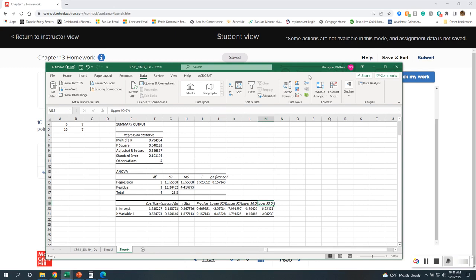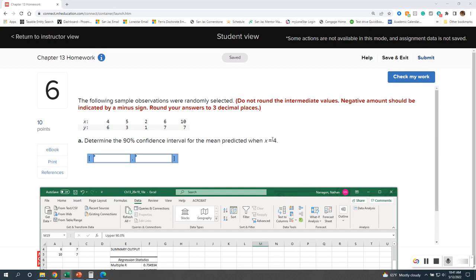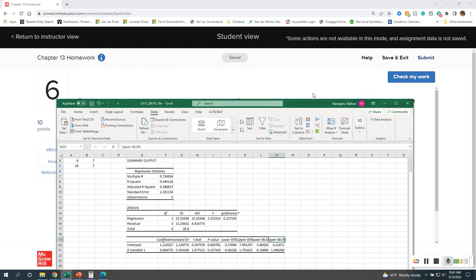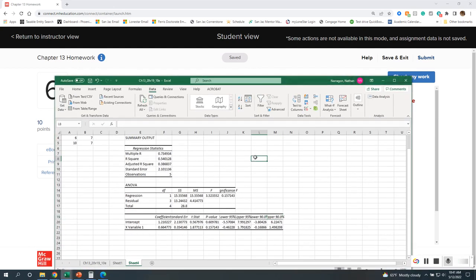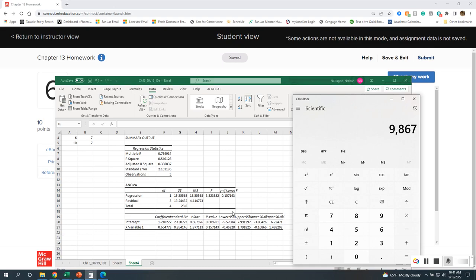First off, we do need to find basically y hat in our confidence interval formula. So let's go ahead and do that one. When x equals 4, we could be a lot more accurate than the calculator.